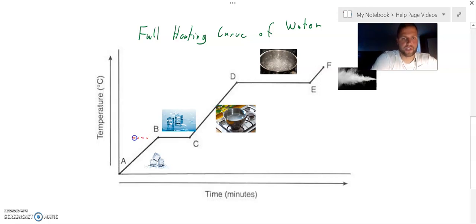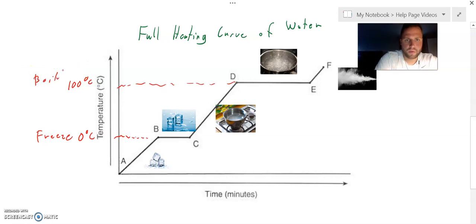So water freezes at 0 degrees Celsius. So this is freezing. And we know that water boils at 100 degrees Celsius. And room temperature will be somewhere in between. And room temperature is 25 degrees Celsius roughly.